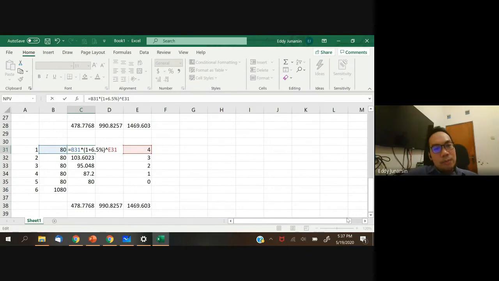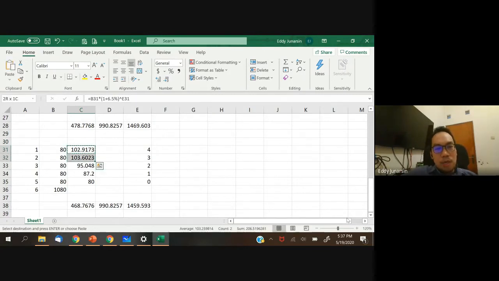Once again, because we get the money at the end of year 1 and we reinvest until year 5. So there are 4 movements. Okay, so we copy and paste to the power of 3, 2, 1, and 0. Do you see? Now the total amount of coupon incomes plus reinvestment income is only 455, lower than the previous 2 examples.